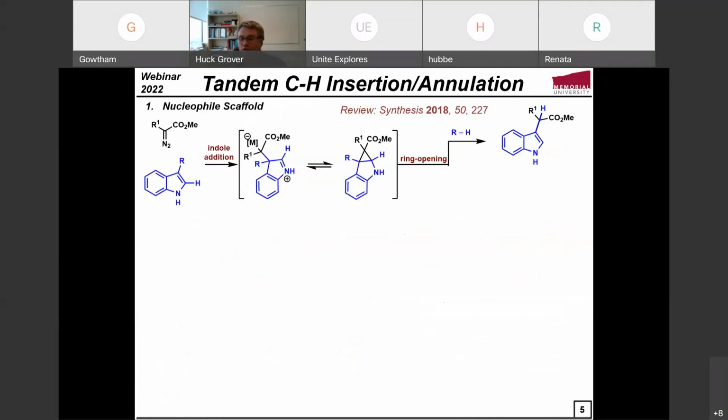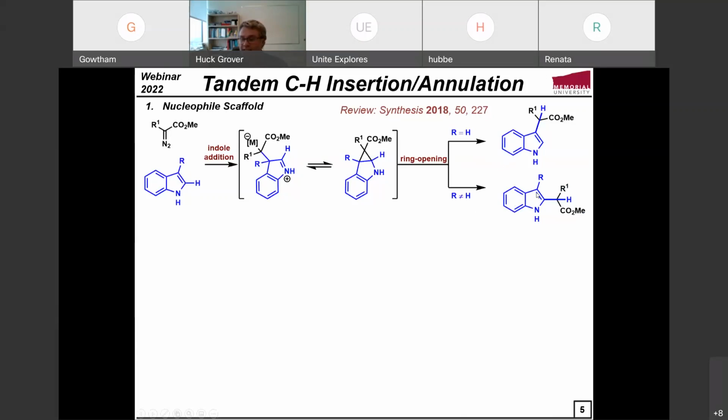So to start off, we thought about a nucleophilic scaffold being that of indole, and we thought of this for a couple of reasons. One, its known reactivity to undergo site-selective C–H functionalizations with metal carbenoid species. For example, indole can undergo net C3 insertion when the R group of indole is unsubstituted or is just a proton.